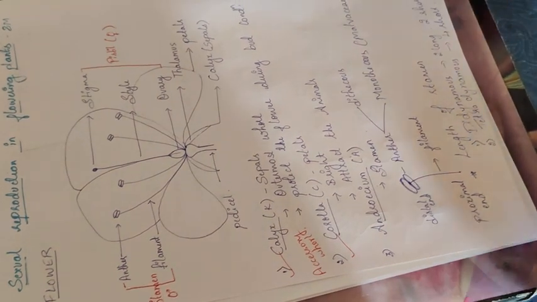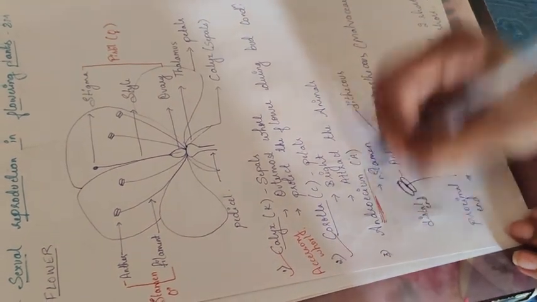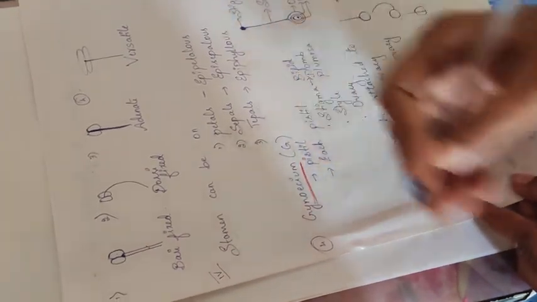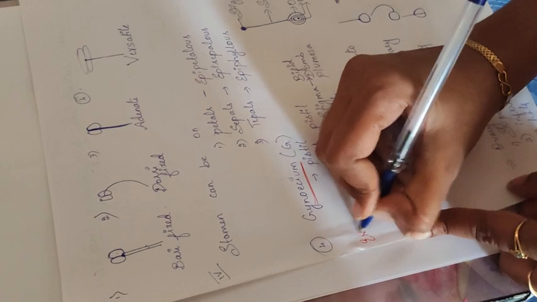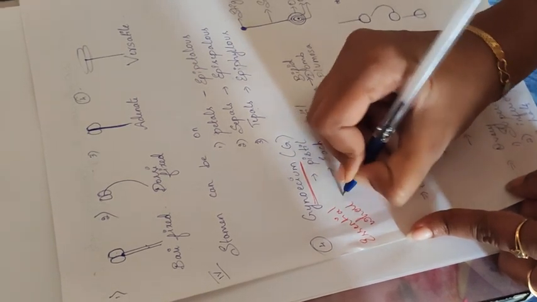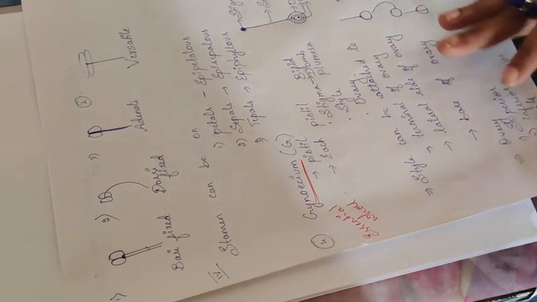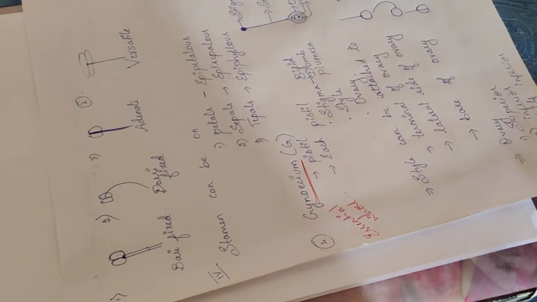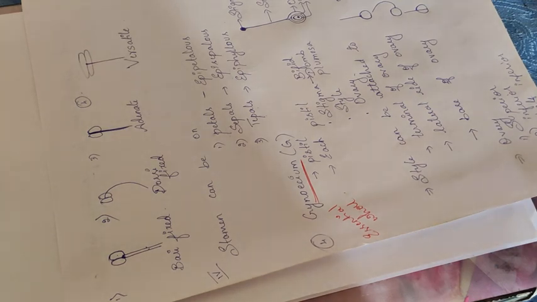Actual reproduction is done by the androecium and the gynoecium here. So both these two are called as essential whorl. And those flowers which have all the 4 whorls are called complete flowers.